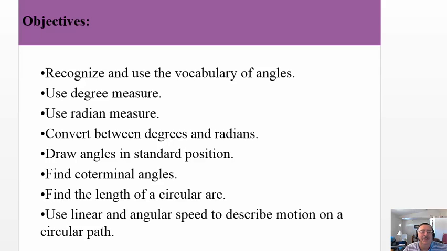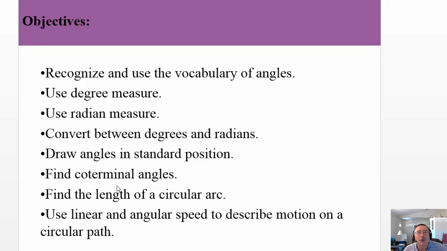The first video is entitled, we're going to do some basics of trigonometry here, talking about angles in radian and degree measure. So the objectives for this first video is to recognize and use the vocabulary of angles. Use degree and radian measure, convert between the two. We're going to draw some angles in what's called standard position.